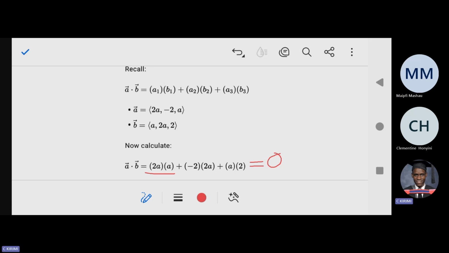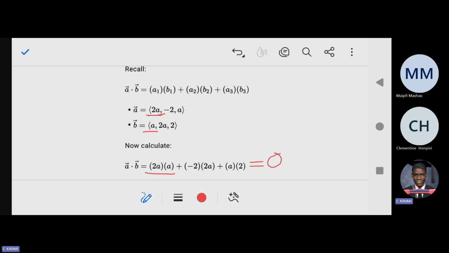Any question? So you only took the values of A only. And B as well. Remember, we said A, 2A, first component multiplied by the A. I think I'm a bit lost. What does dot product mean?